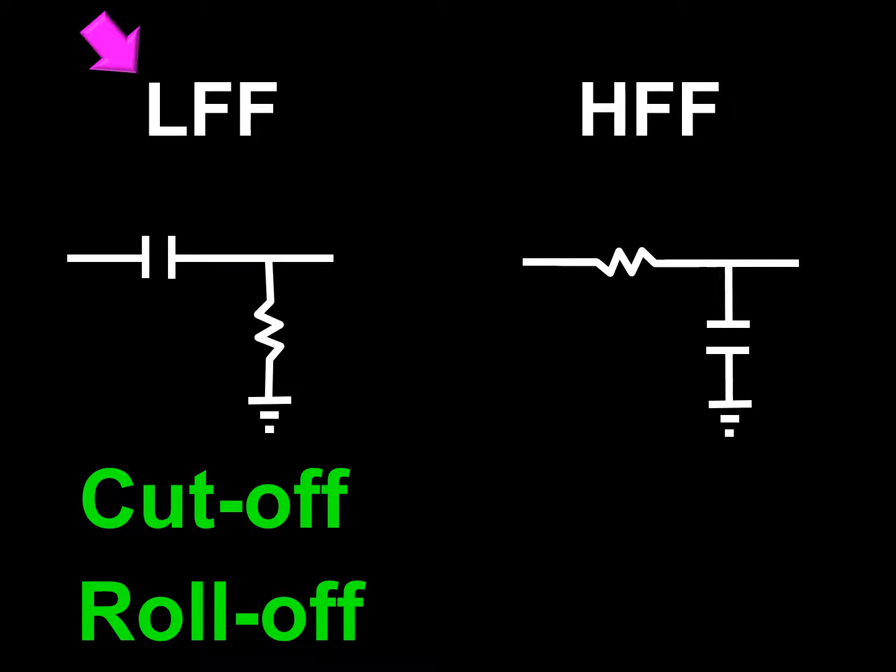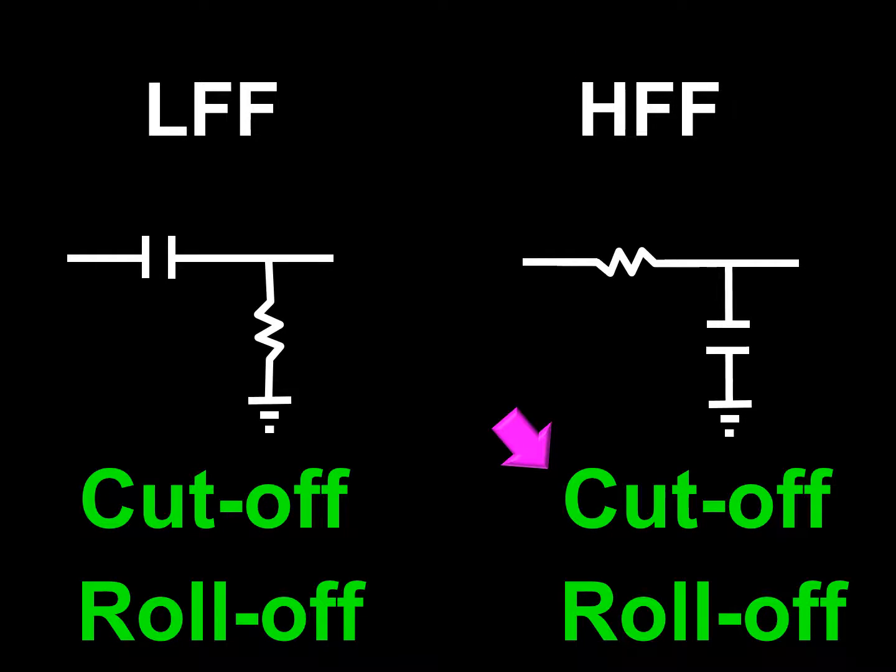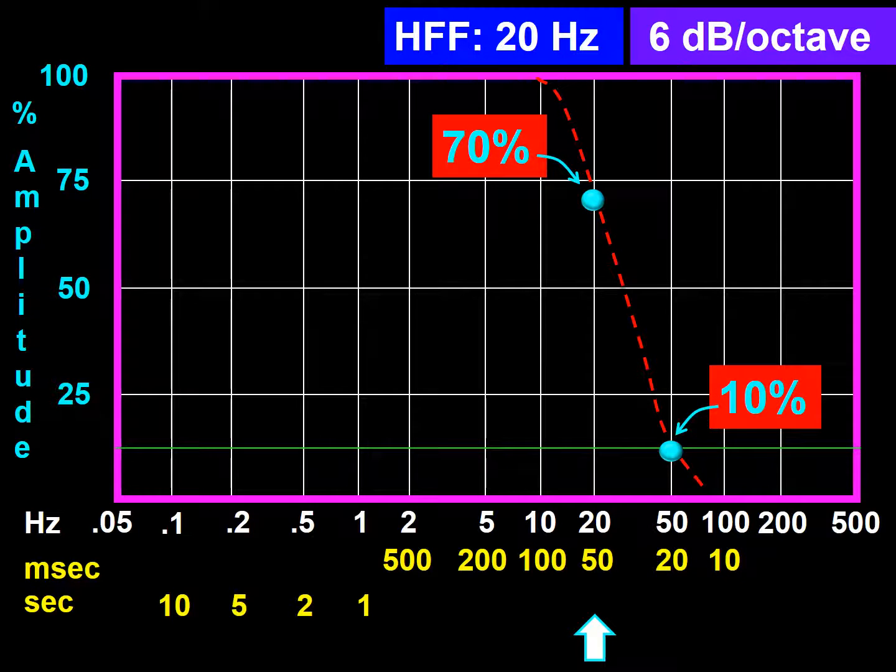The last few questions were about low frequency filters. This question is about high frequency filters. And again, when we talk about filters, we need to talk about cutoff and roll-off. The problem states that when using a high frequency filter of 20 Hz with a roll-off of 6 dB per octave, a 20 millisecond wave will be reduced to 10% of its original size.